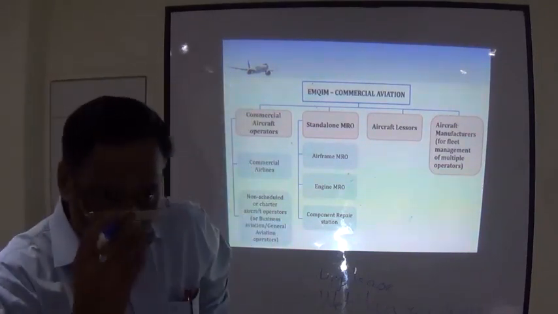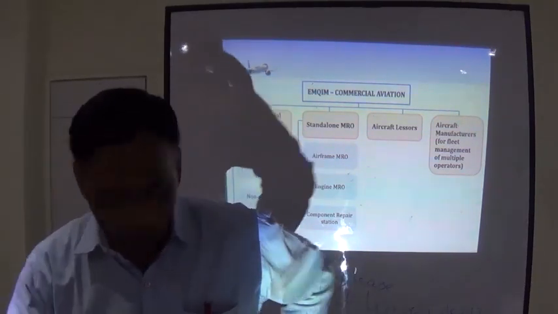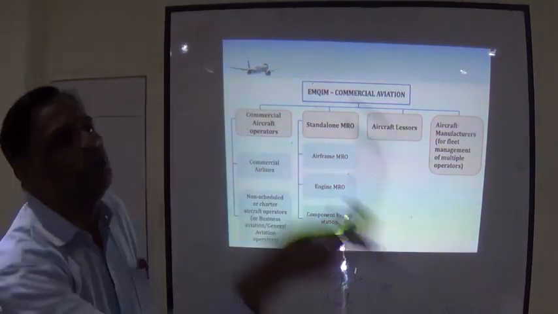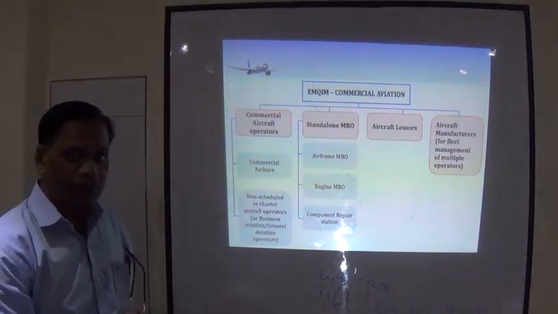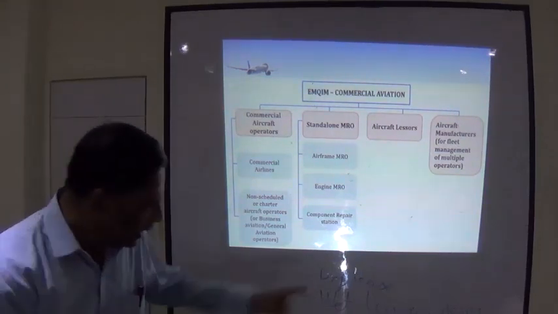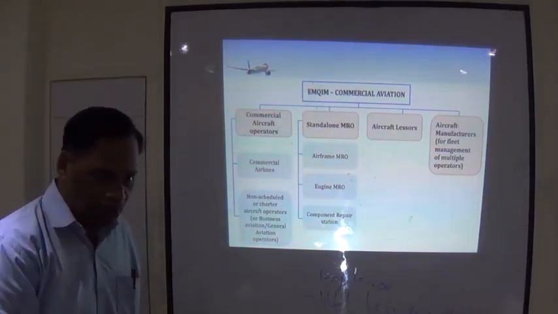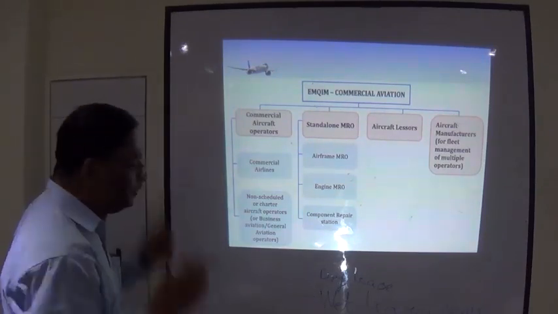Our own people never used to understand what this ACMI is, so it came back to me asking what reply to give. Then I had to tell them what an ACMI is, how it is different from a dry lease, how the software can be used, all that. That's the purpose of this training in an overall perspective.